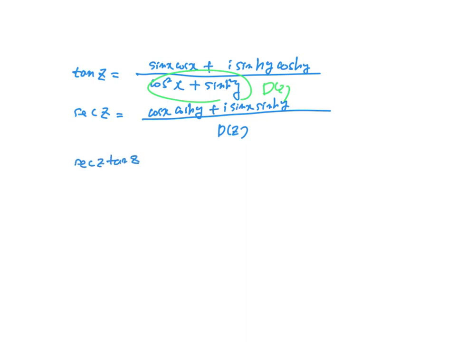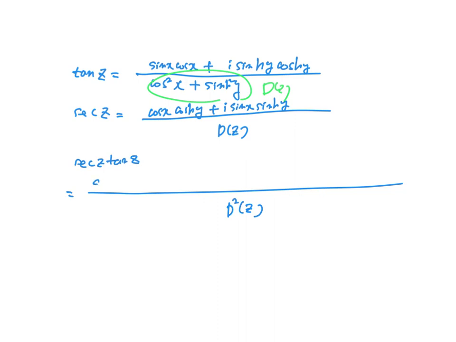times tangent z is over d squared, and for the real part we multiply this with this and subtract the multiplication of this term and this term, right? But that's the real part.